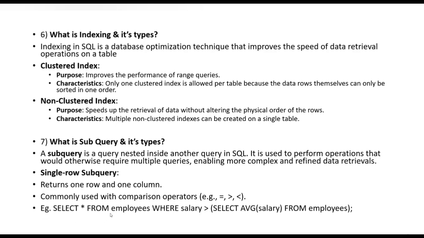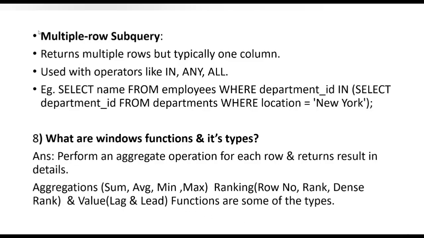See, this is an example: select star from employee where salary is greater than select average of salary. This is a single row subquery. A multiple row subquery returns multiple rows, but typically one column, used with operators like IN, ANY, and ALL. You can see the example: select name from employees where department in select id from department where location is New York.